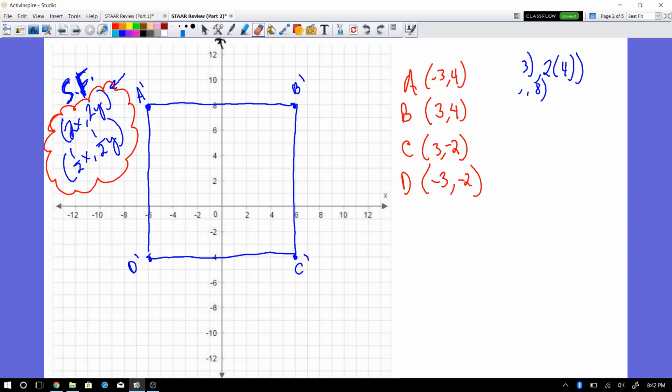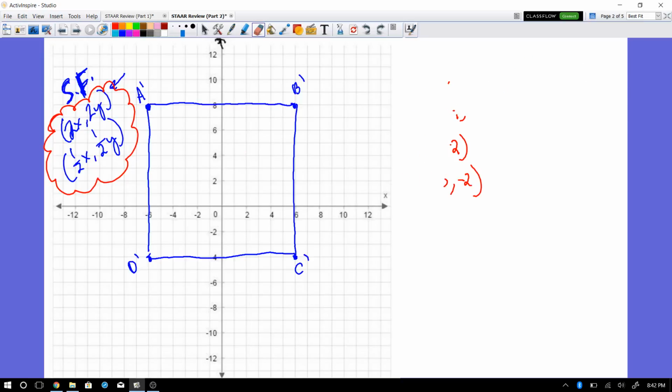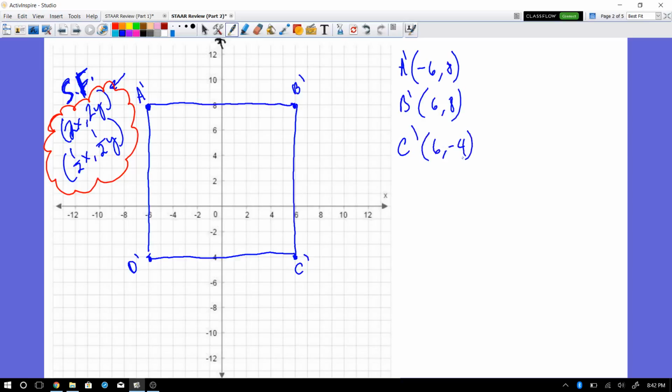Okay, so that means that the information that we do know is A prime is -6, +8. B prime is 6, 8. C prime is 6, -4. And D prime is -6, -4.